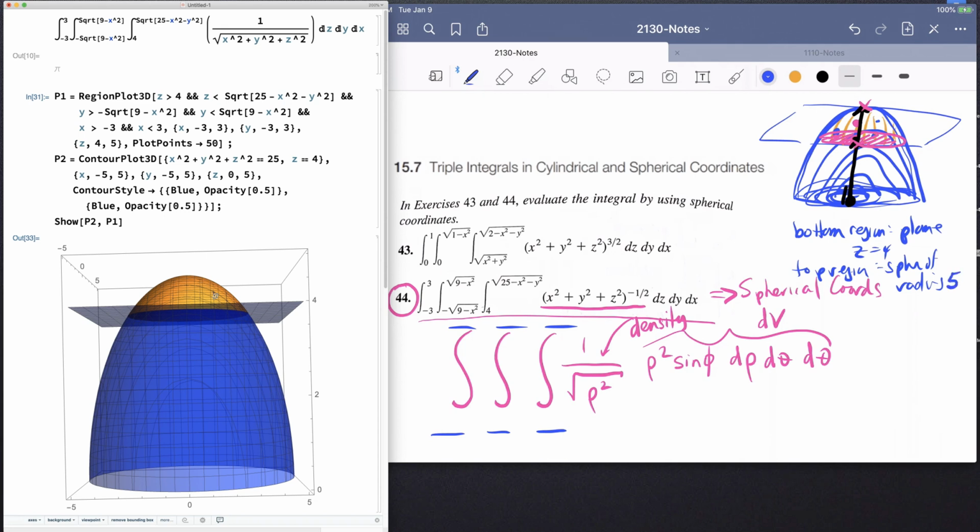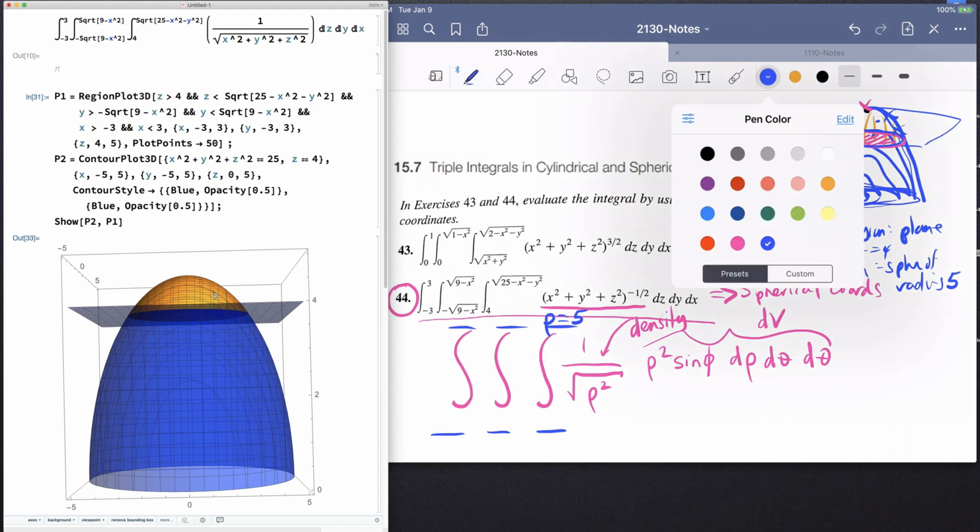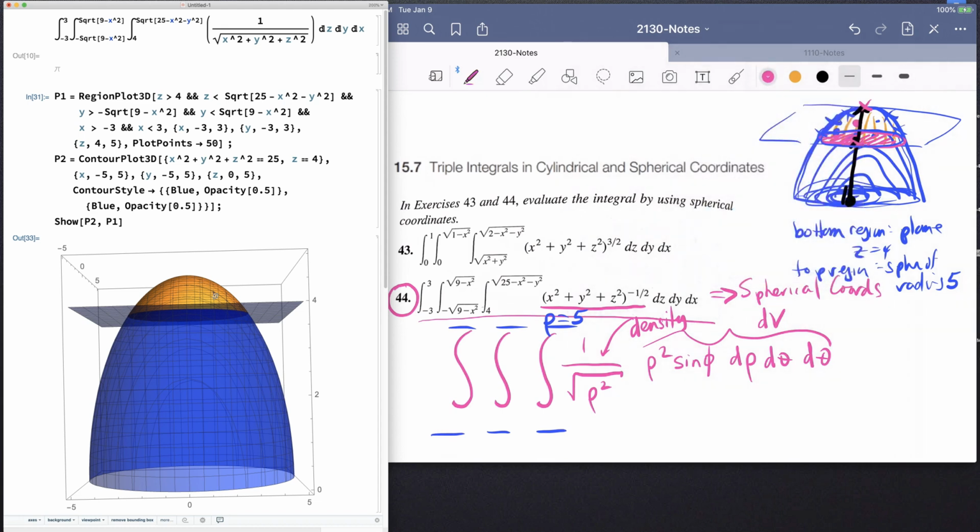So we know that the top region of integration in terms of spheres is spheres of radius going up to 5. All of these points on the sphere are radius 5. But what we don't know is the bottom region, this plane z equal to 4. If we look at z equals 4 in spherical coordinates, we know that z is equal to rho cosine of phi.